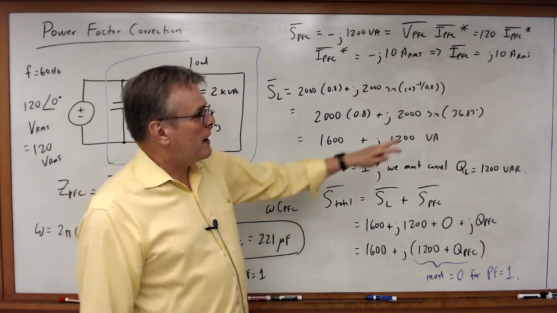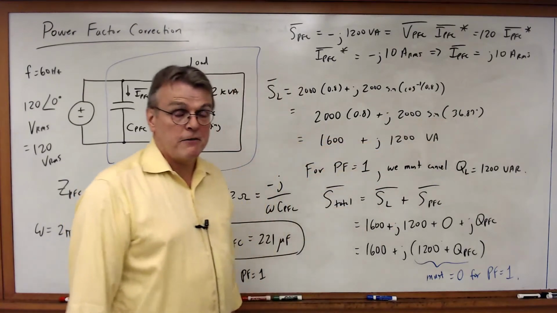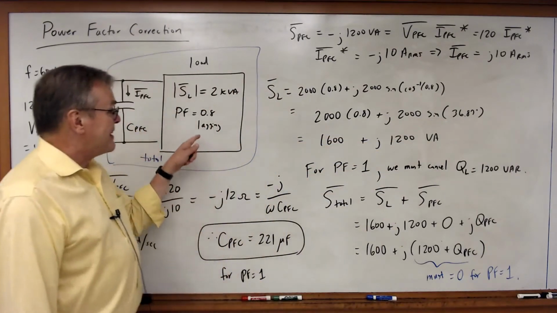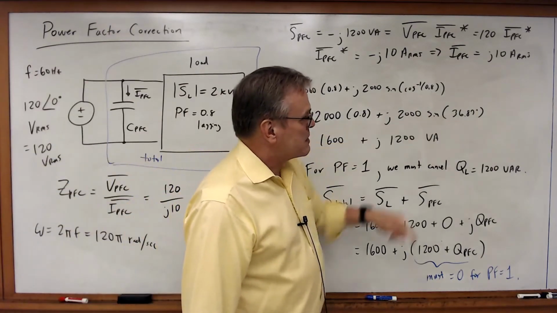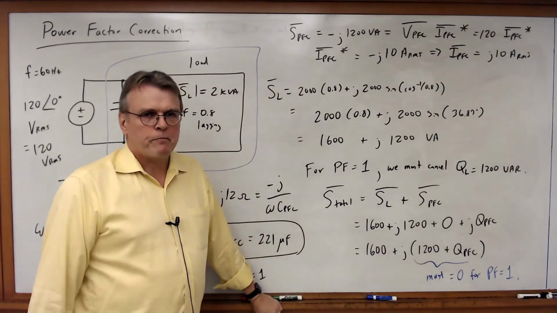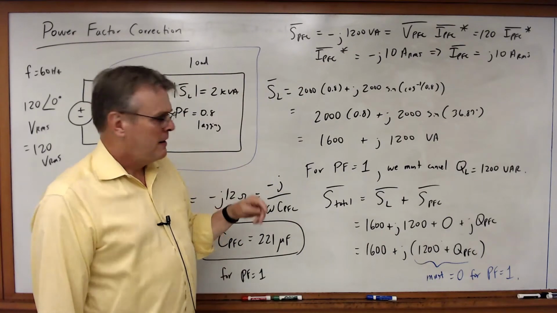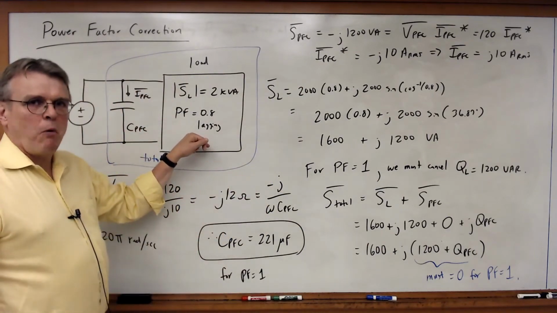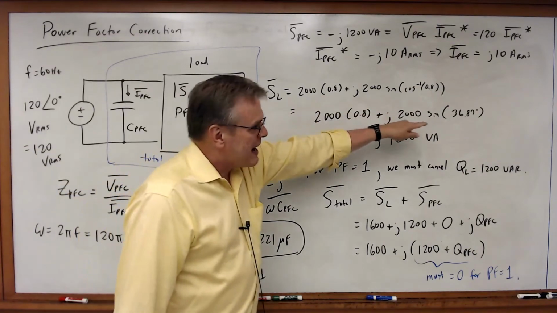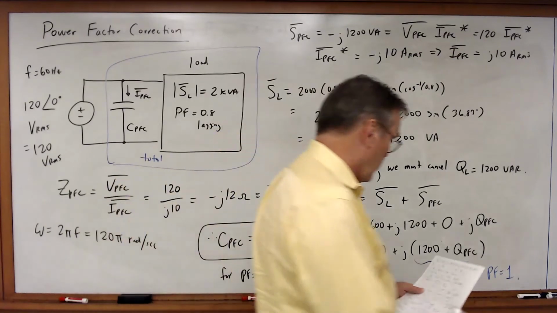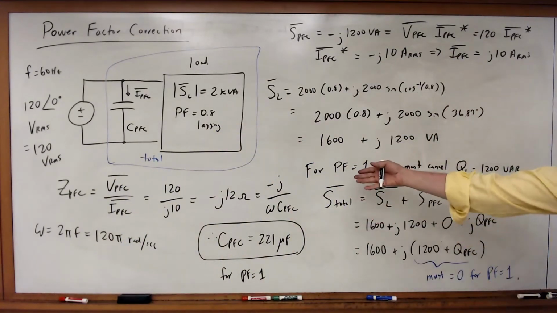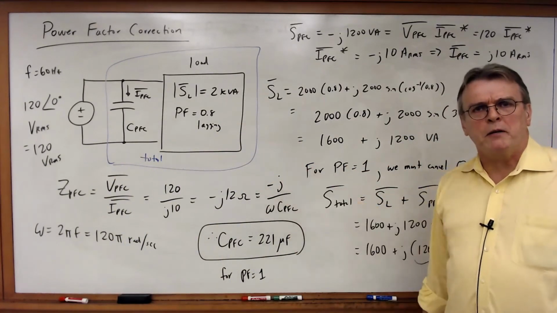So there was a reason why I chose the positive instead of the negative value. If this had been leading instead of lagging, I would have been calculating sine of minus 36.87 degrees. So I just want to point that out. The lagging versus leading is important because it tells you what the sine of that power factor angle has to be. Okay? So this is nothing more than something very similar to the example we did earlier.